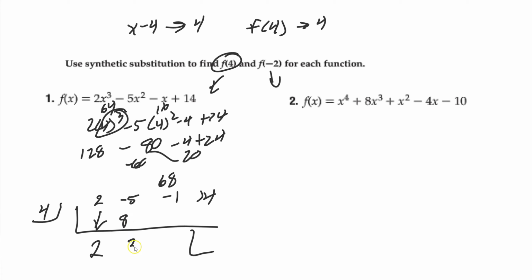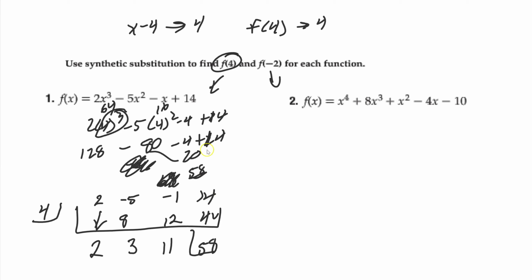You add down, you get 3. You multiply across, you get 12. Add down, you get 11. 11 times 4 is 44. And you get 58. I think I did my math up here wrong. That's embarrassing. 58. You see, look, the same answer both ways. Right there, it should be 14, not 24. So 58. My writing is bad.